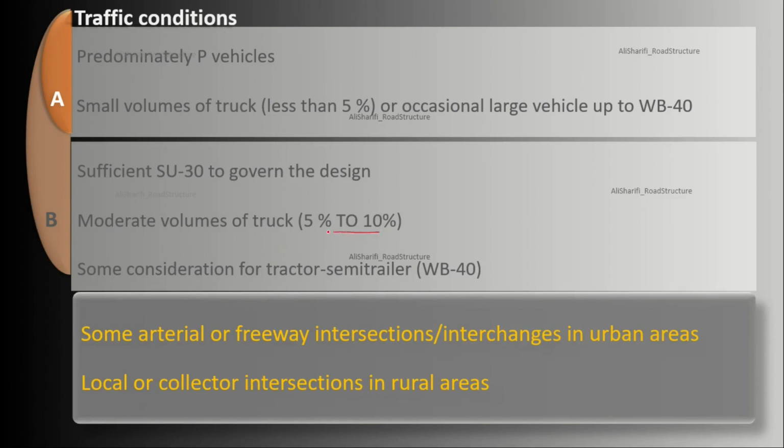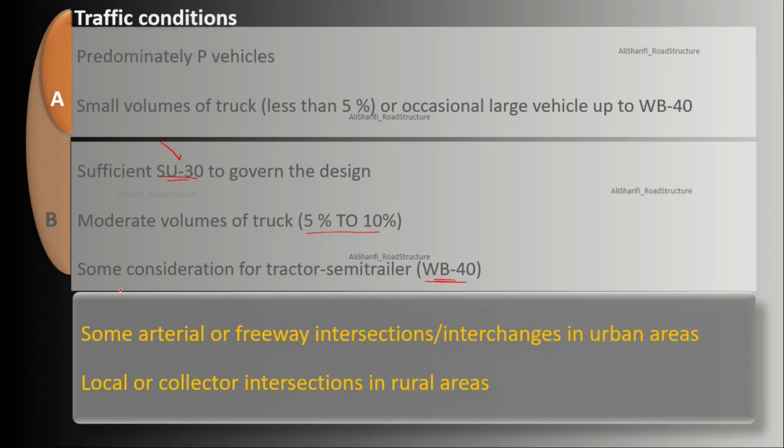between 5 to 10%, and the SU-30 governs the design with some consideration for WB-40, which means full clearances are provided for SU-30, but in case a larger vehicle up to a WB-40 passes the turning roadway, lateral clearances decrease, but not less than half of their design value.